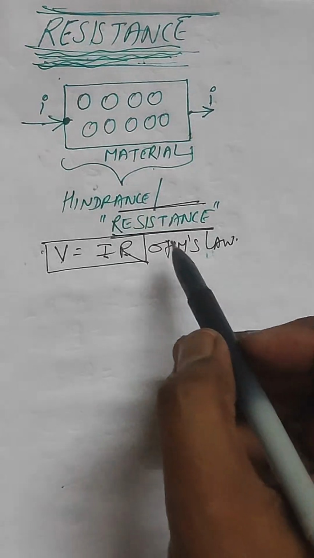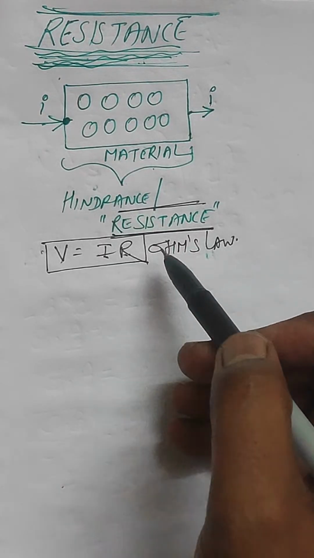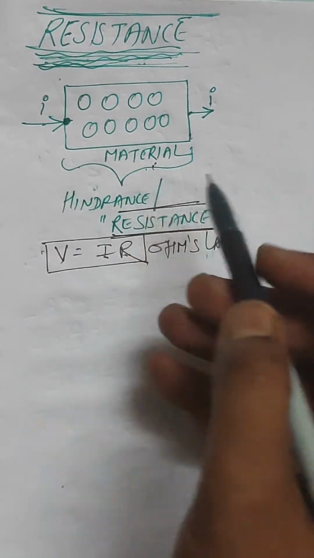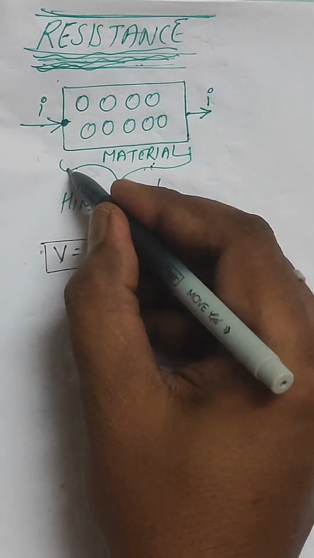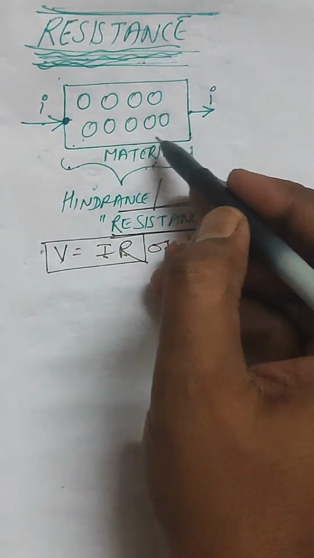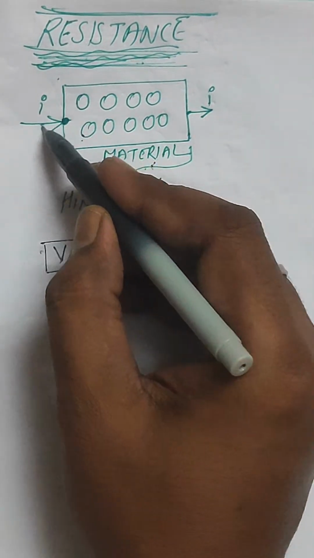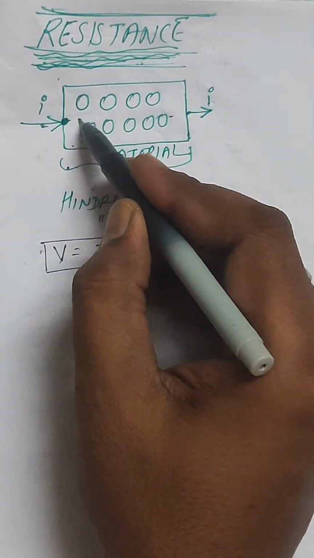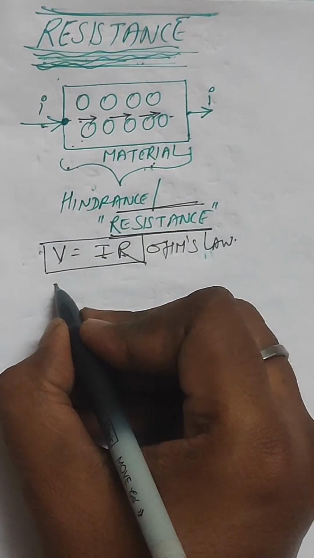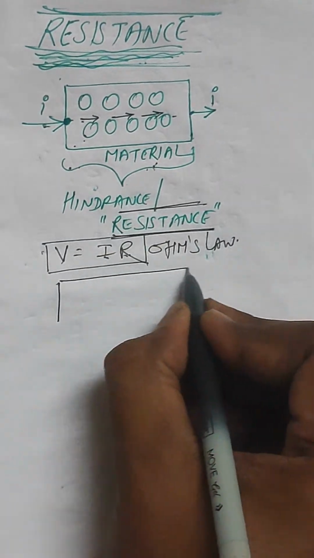So here we will discuss that every material has a certain quality, and the atoms arranged in that material decide how much of the current will pass through it. Okay, so current is the flow of electrons.